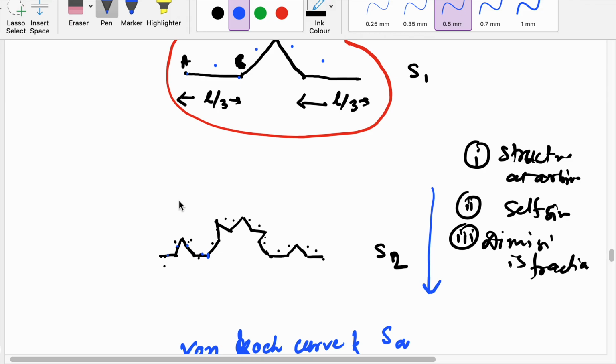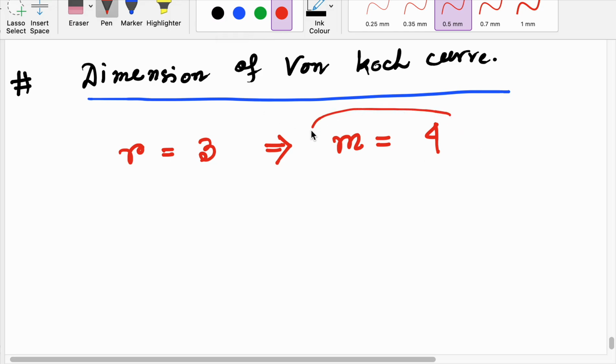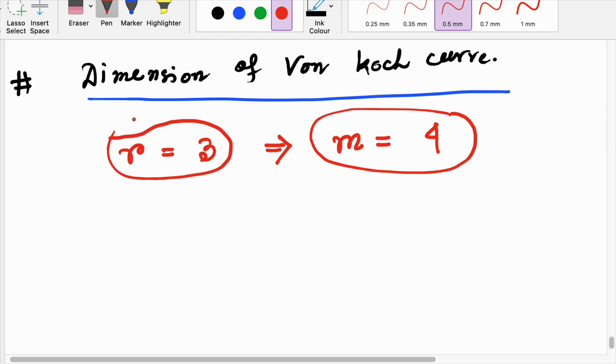So that means if I reduce by a factor of 3, I need 4 pieces, reduced by a factor of 3, to fill the whole von Koch curve.